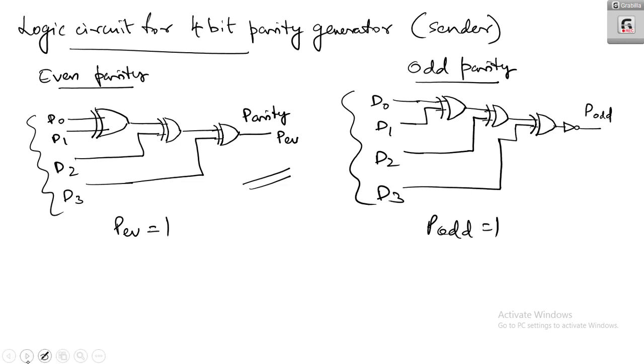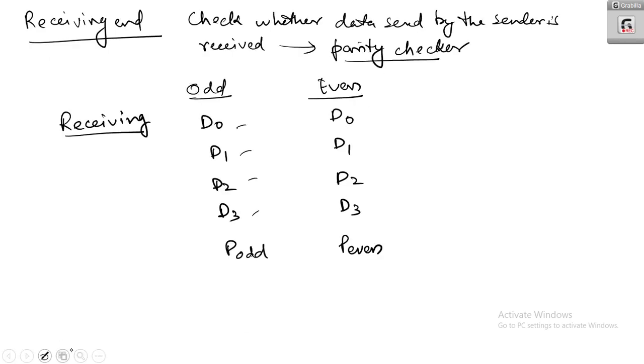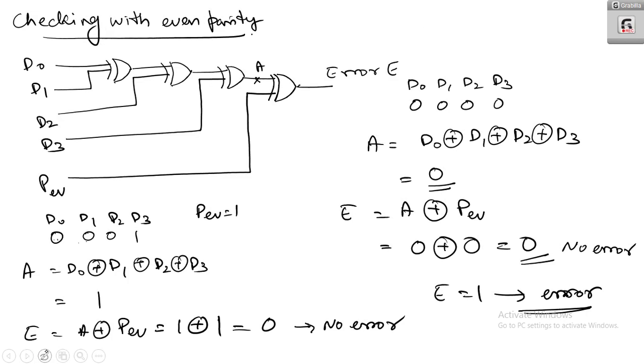Now going into the next part. At the receiving end, if it is odd parity, you have the incoming data D0, D1, D2, D3 as well as the odd parity bit, and if it is even parity, it is D0, D1, D2, D3 and the even parity bit. Now how to check for even parity?